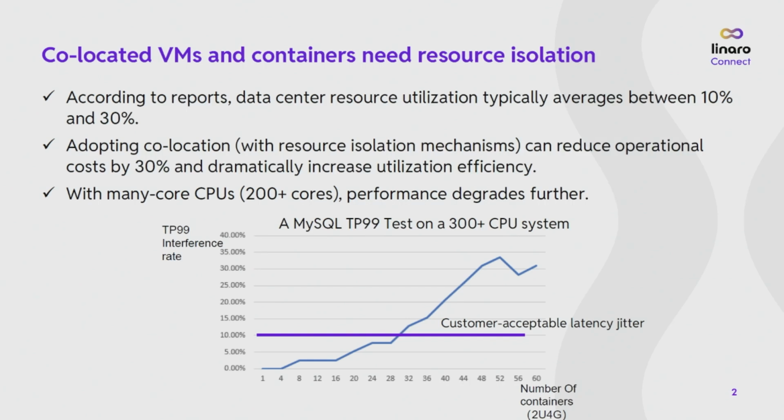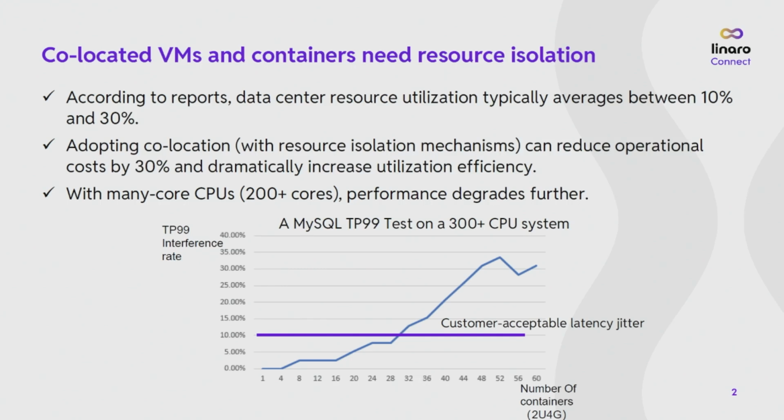But data center resource utilization is typically between 10 and 30% on average. So we adopt co-location technology, especially with resource isolation mechanisms, which can reduce the operational cost and increase utilization efficiency.